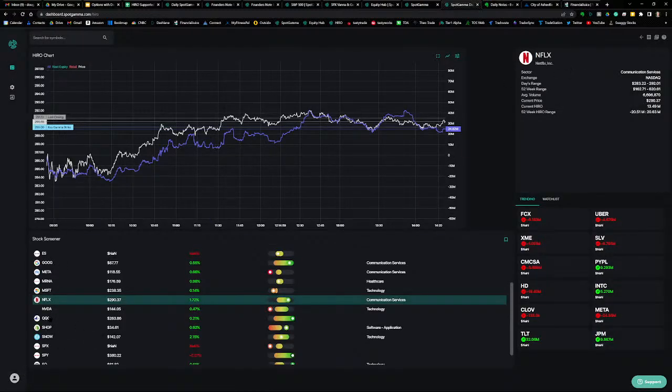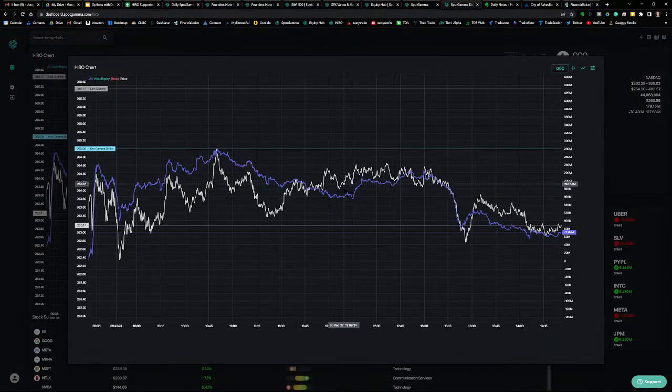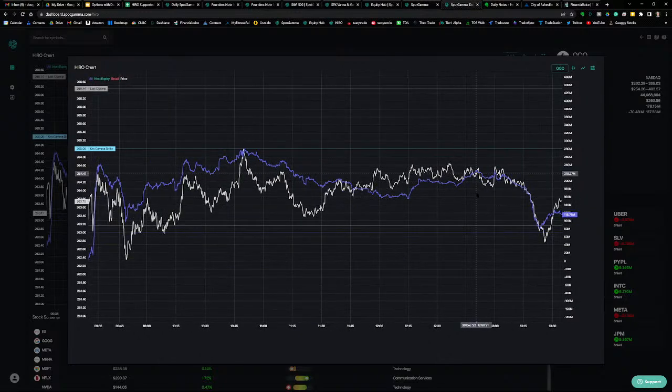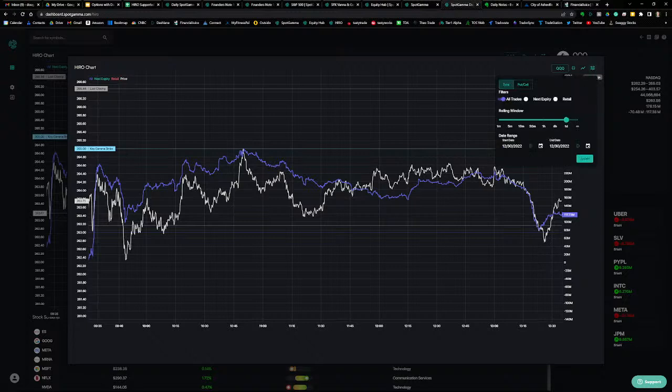And QQQ. And this is one that I wanted to highlight. So remember, we saw a call divergence set up for a reversal higher in SPY.